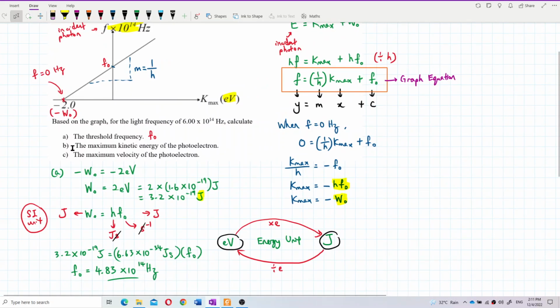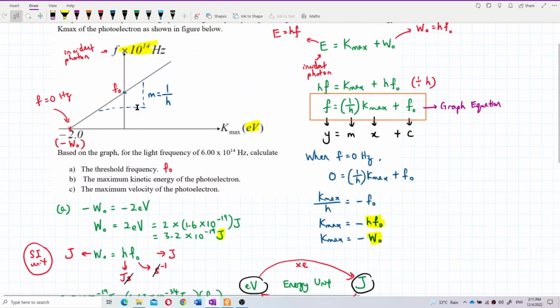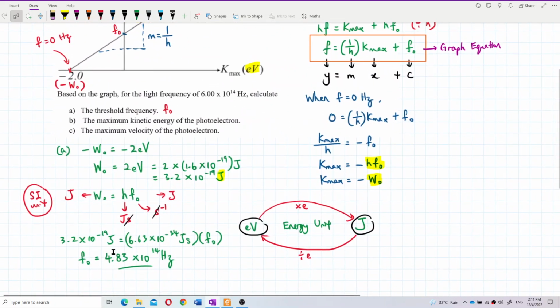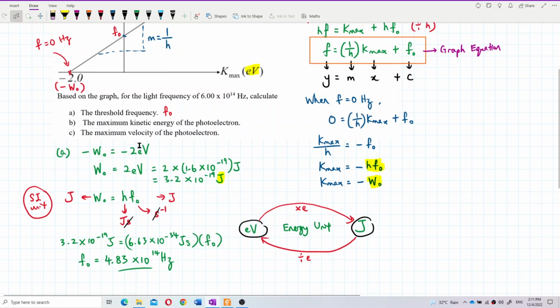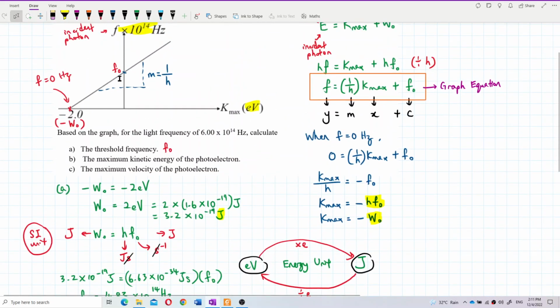Now, this value 4.83 exponent 14, you can write over here as the y-intercept.